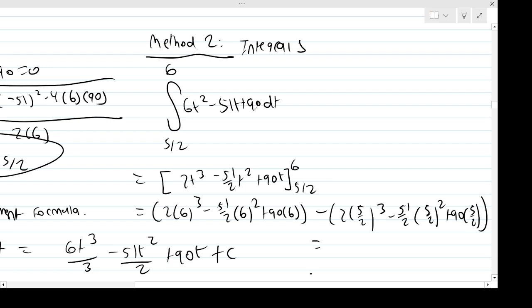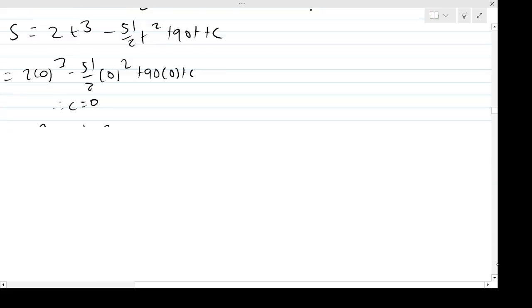And so if we put all that in the calculator, we get minus 42.875 meters.